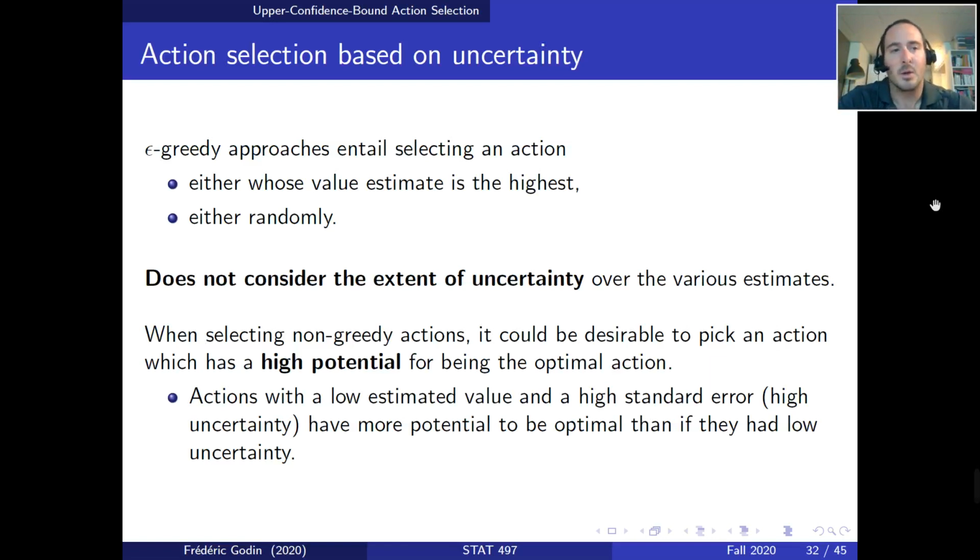Okay, so what that means is that actions with a low estimated value but with high uncertainty have more potential to turn out as good actions than actions with low estimated value and high certainty. Okay.